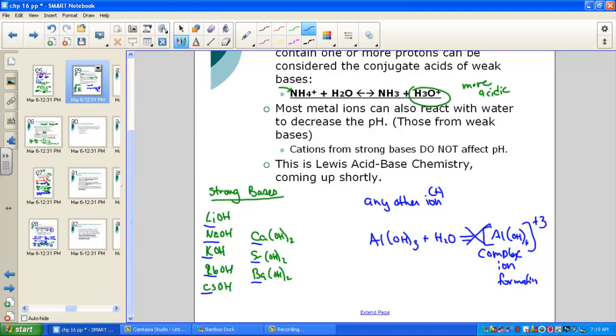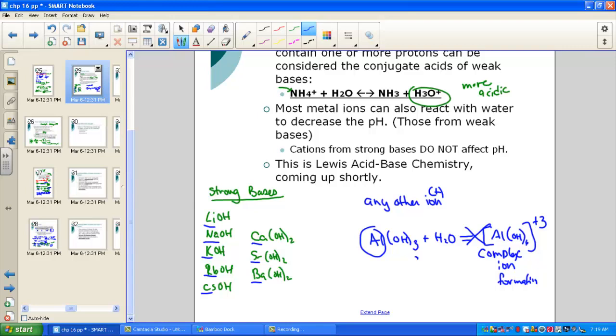So again, coming up, it's a Lewis acid-base theory. But what I want you to notice is that since aluminum is not one of these metal ions that are strong, when it undergoes hydrolysis, it will go in effect to just this complex ion form. And again, just take the subscript, which is a 3 from the original base, you double it, and you'll end up finding the charge up here.